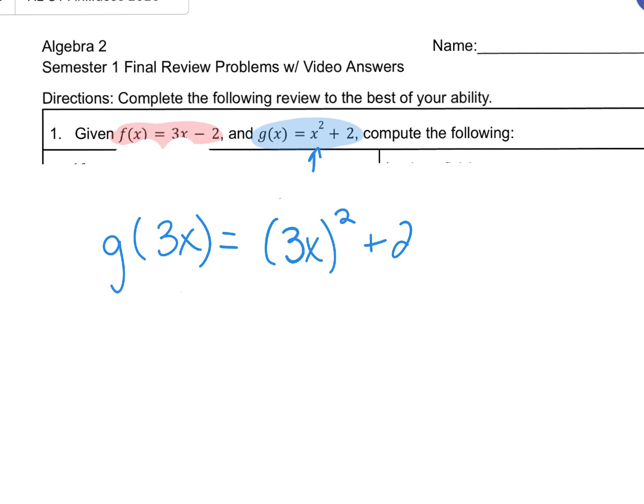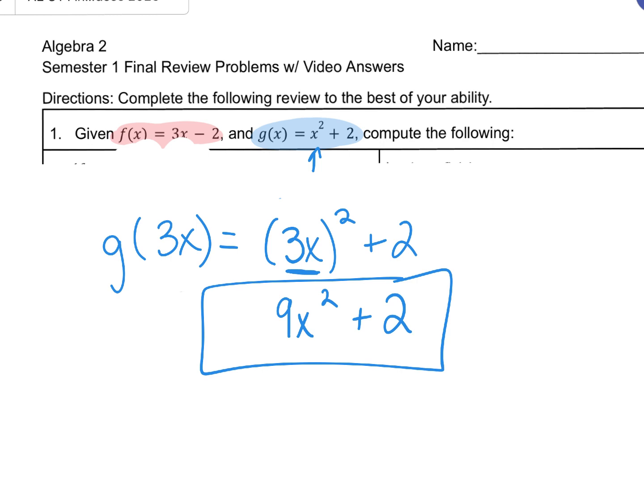This time it's 3x. So I would square this whole thing, just like I squared the number originally, but I'm squaring this whole term. So 3x squared would be 3x times 3x, which is 9x squared. 3 squared is 9, x squared is x squared, plus 2. Then what? Well, are those like terms? No. So I would just be done at that point.